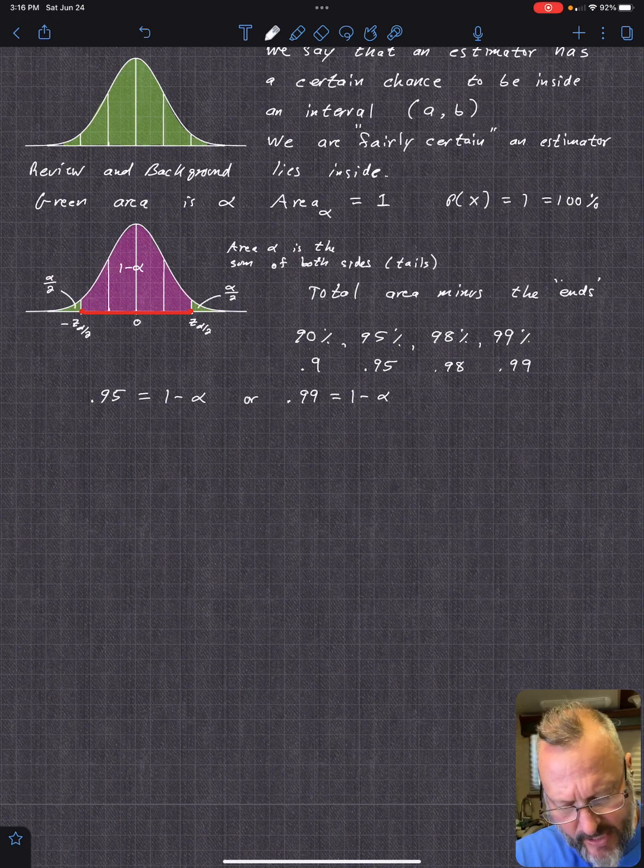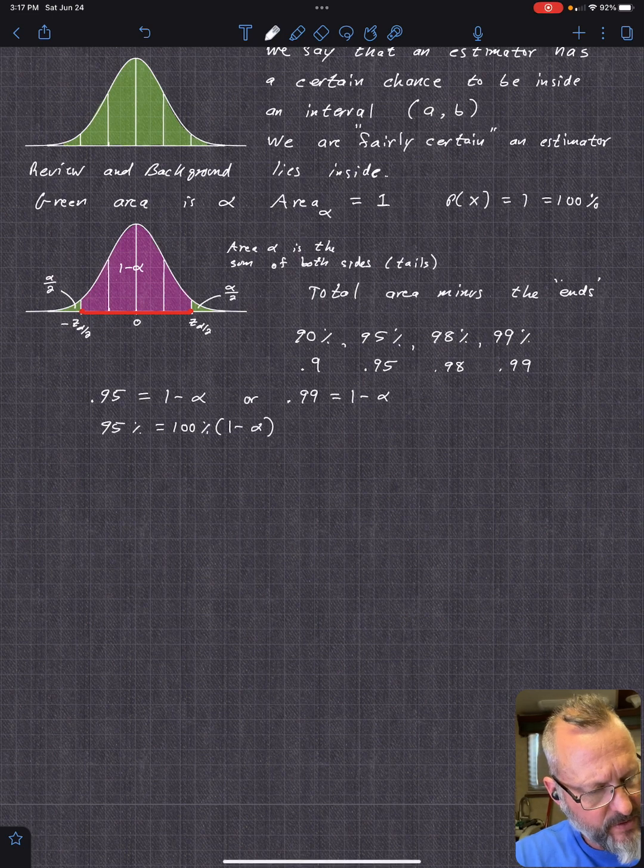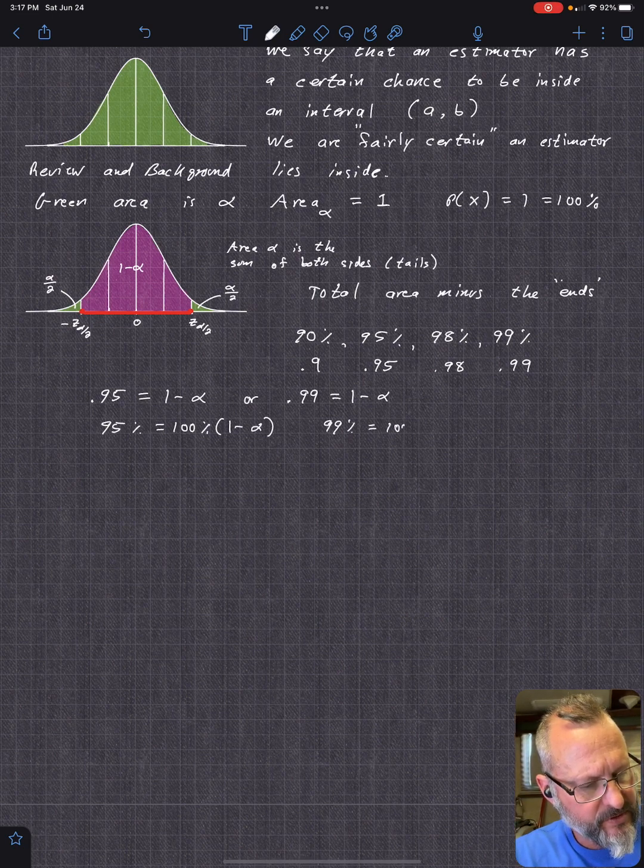And percentage-wise, you'd say 95% is equal to 100% times 1 minus alpha. 99% is equal to 100% times 1 minus alpha. That's what you'll see in the book.